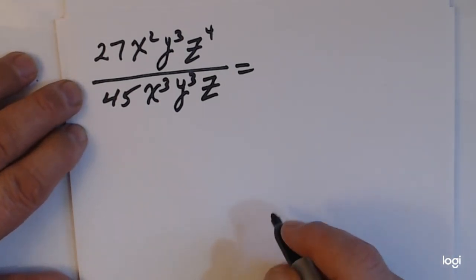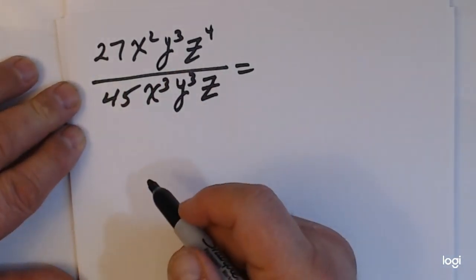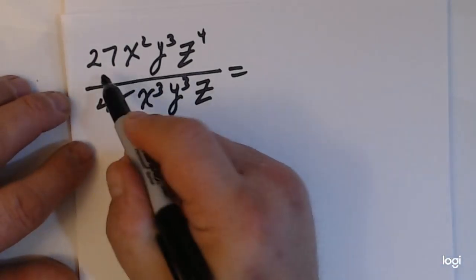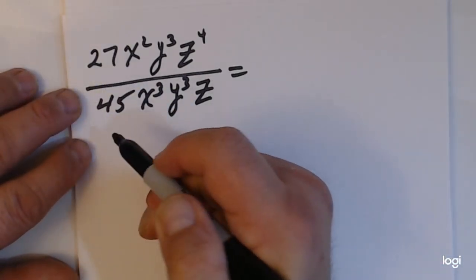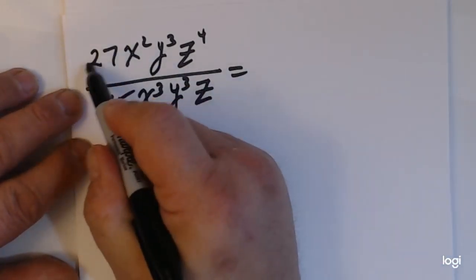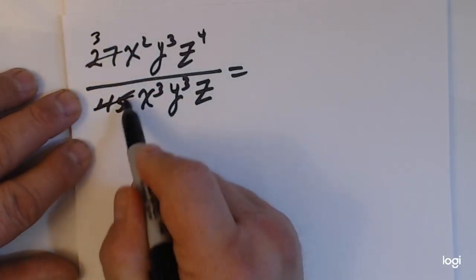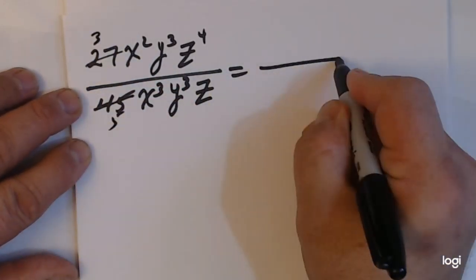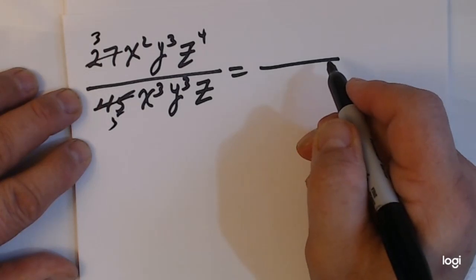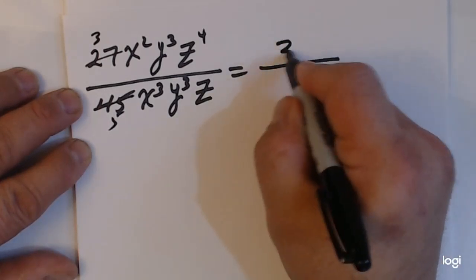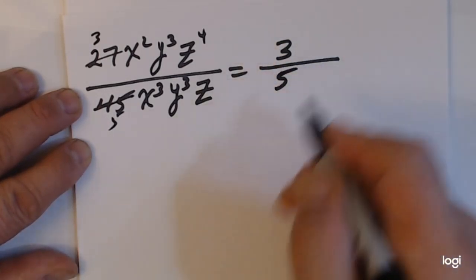So here, 9 is obviously the greatest common factor. 9 times 3 is 27, and 9 times 5 is 45. So 3 and a 5. So we're going to wind up with 3 here, 5 here.